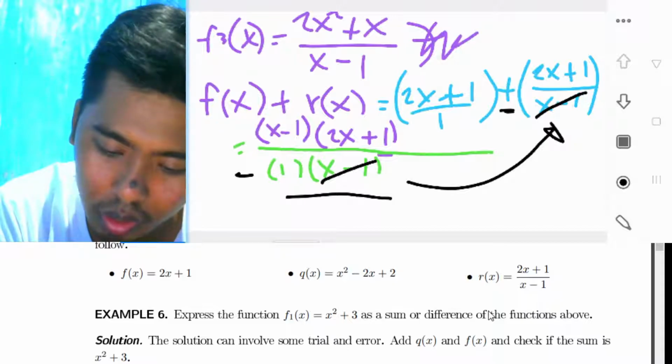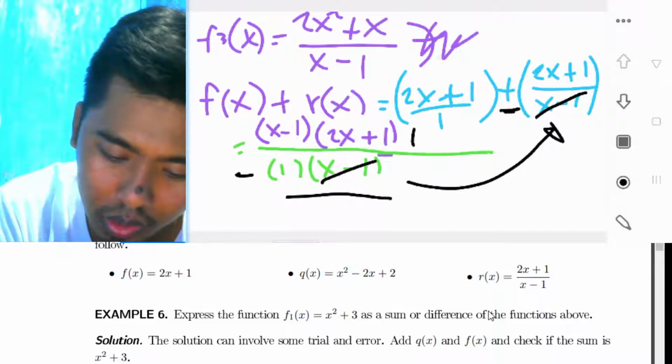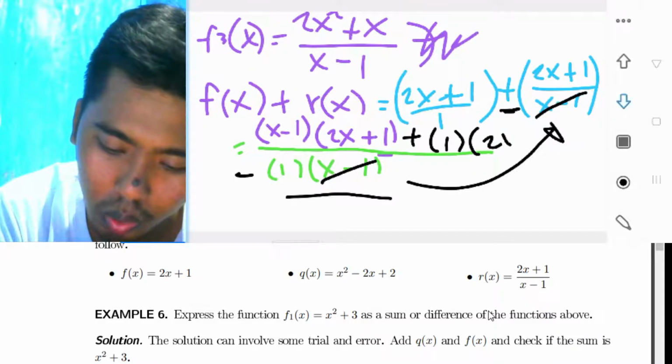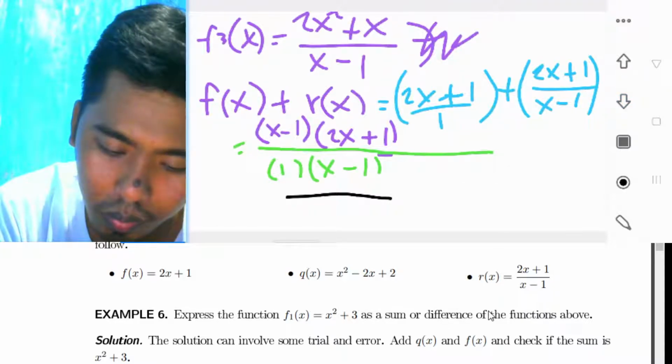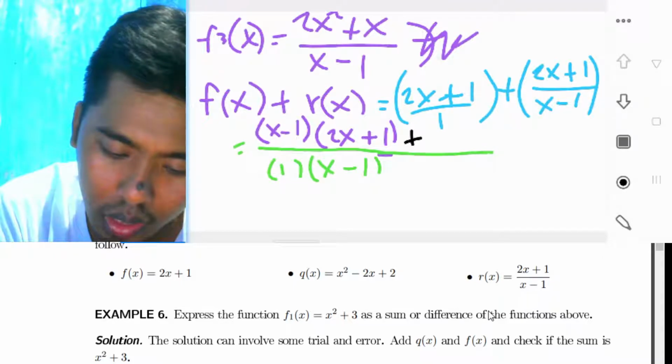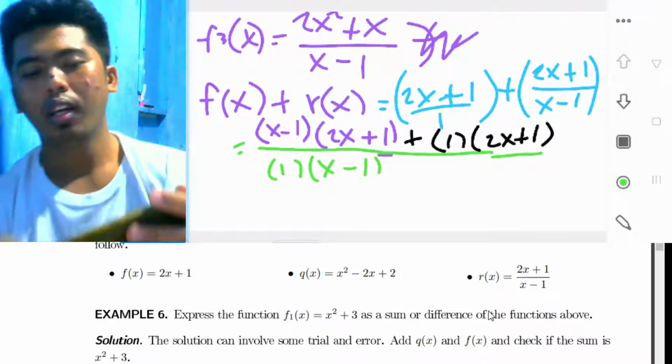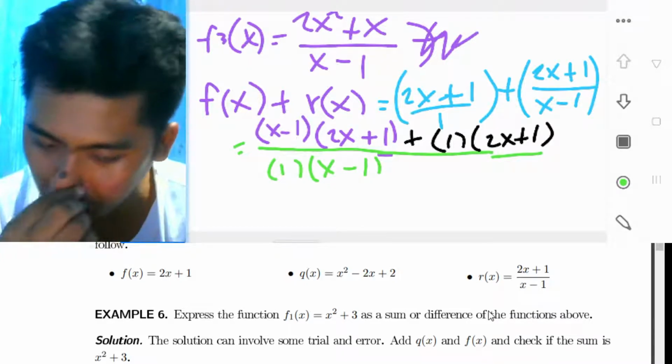Don't forget the operation plus here, so that will be plus 1 times 2x plus 1. That would be our equation.